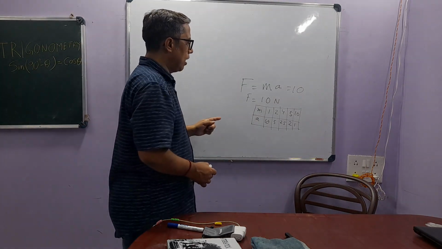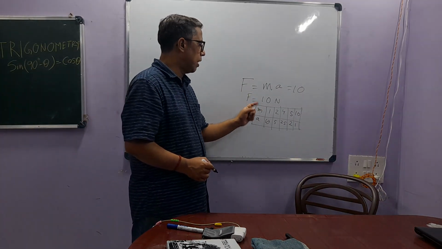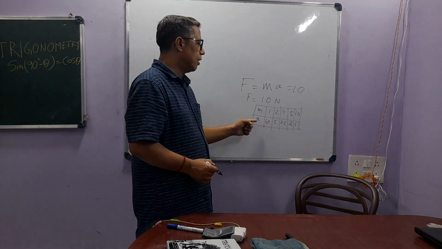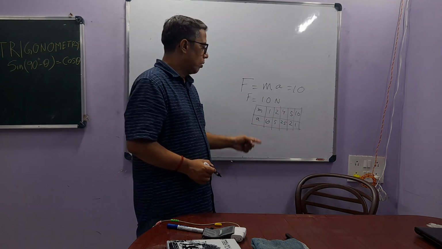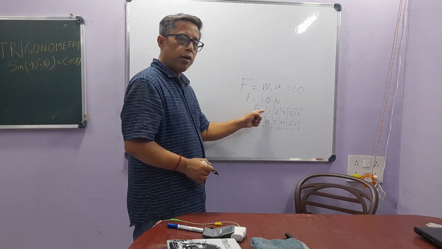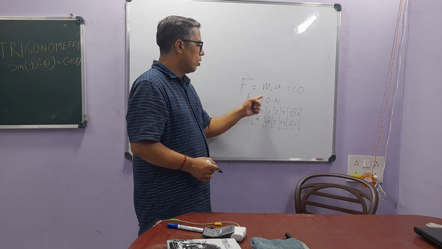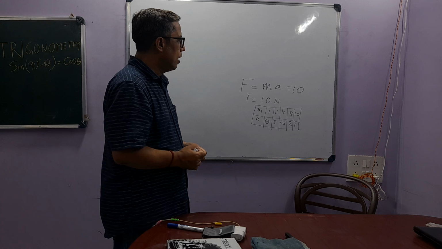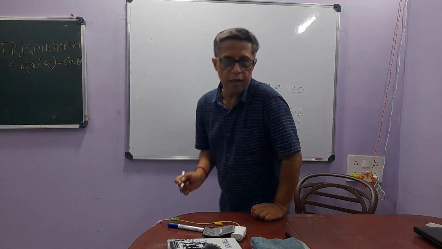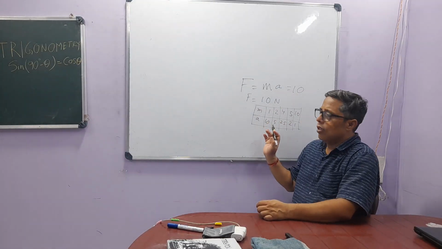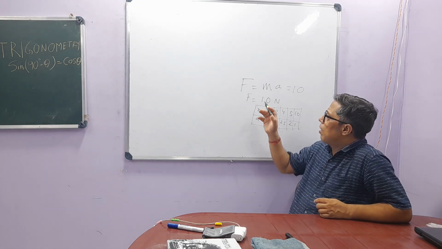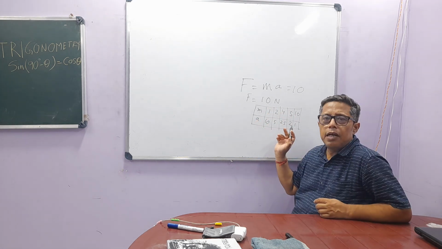So you see that for a constant force of 10 Newton, when mass is increasing, the acceleration is decreasing. When mass is minimum, around 1 kg, acceleration is maximum. So mass and acceleration are inversely related. They are inversely proportional, right? To draw the graph, you have to understand the relation between mass and acceleration with some data.